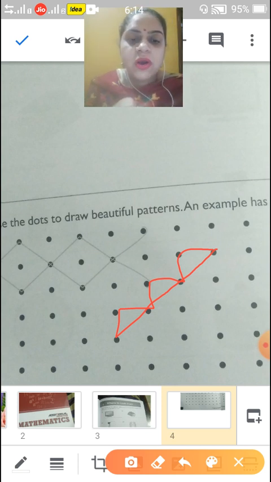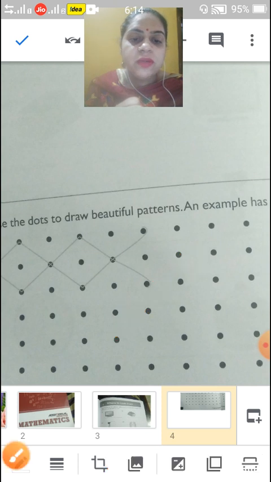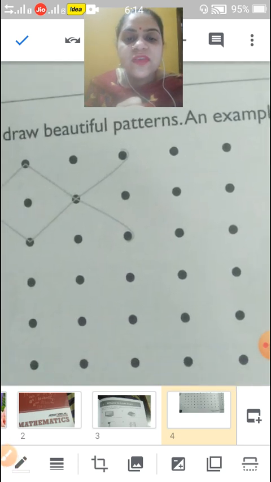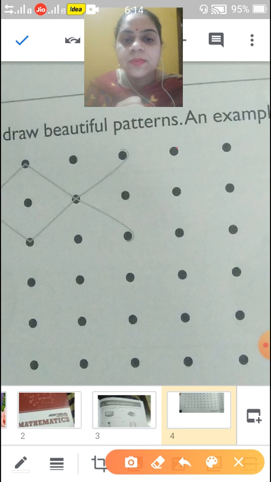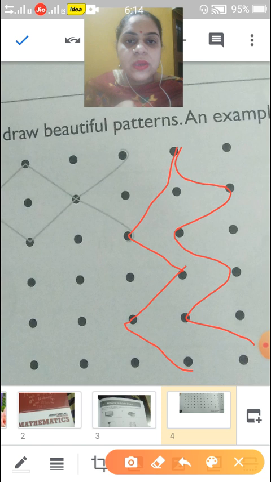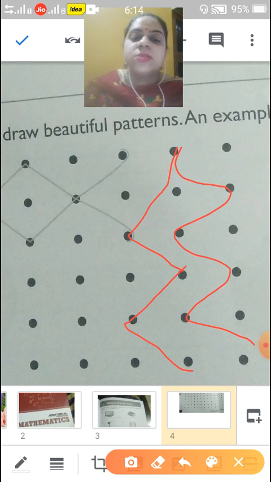Or you can draw a zigzag pattern. What I told you before also, I told you a zigzag pattern you can draw. Okay, you have to join the dots. Or you can draw children like this pattern. So you can draw certain patterns that we did in our book previously.